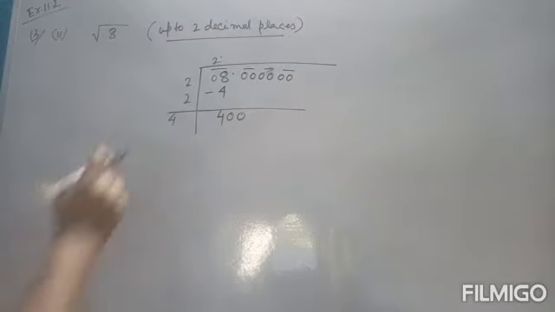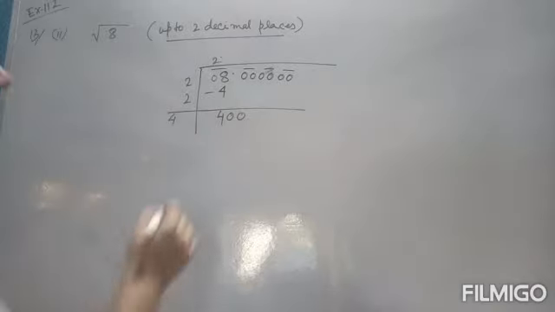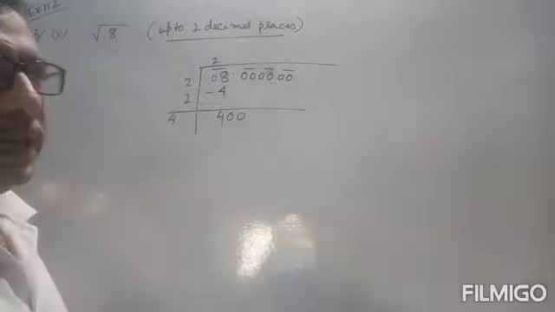Now we have to put a number and multiply it to get less than or equal to 400. Put 8, say. Why do we take 8?